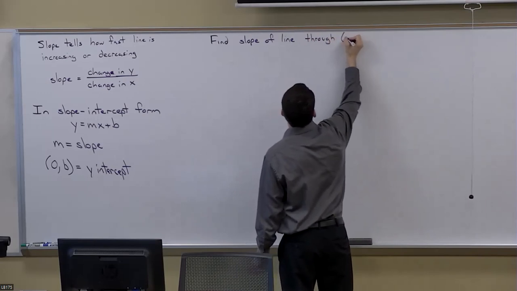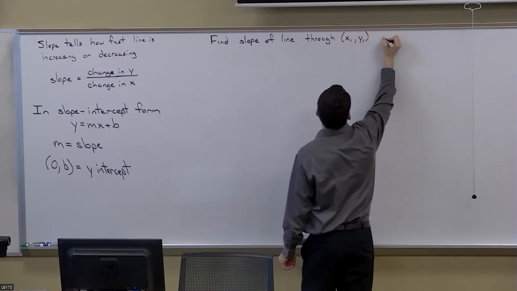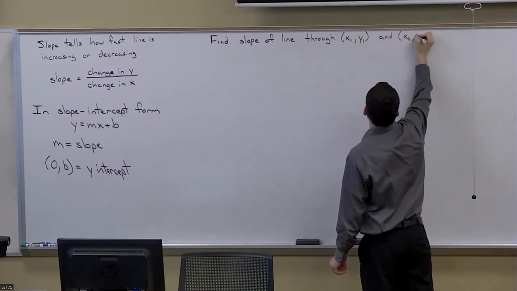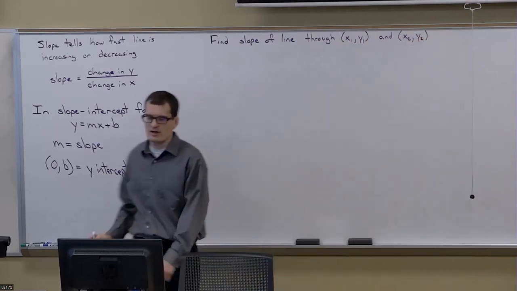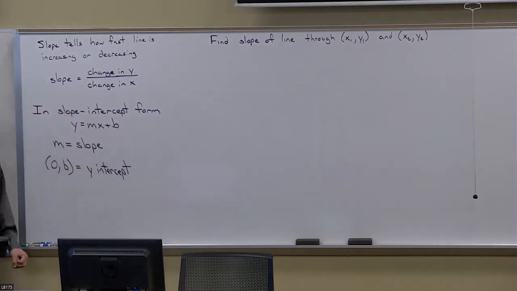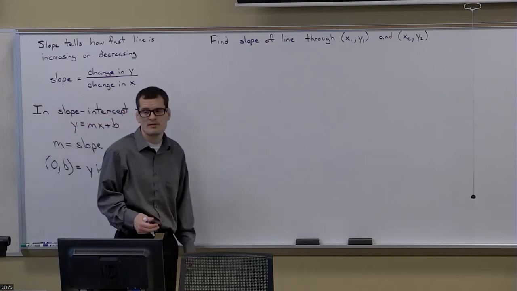So in other words, the line goes through a first point and a second point. The first point we're going to call (x1, y1). So that's just the x value of point 1, the y value of point 1. And the second point we're going to call (x2, y2). That's just the x value of point 2, comma the y value of point 2. Right?